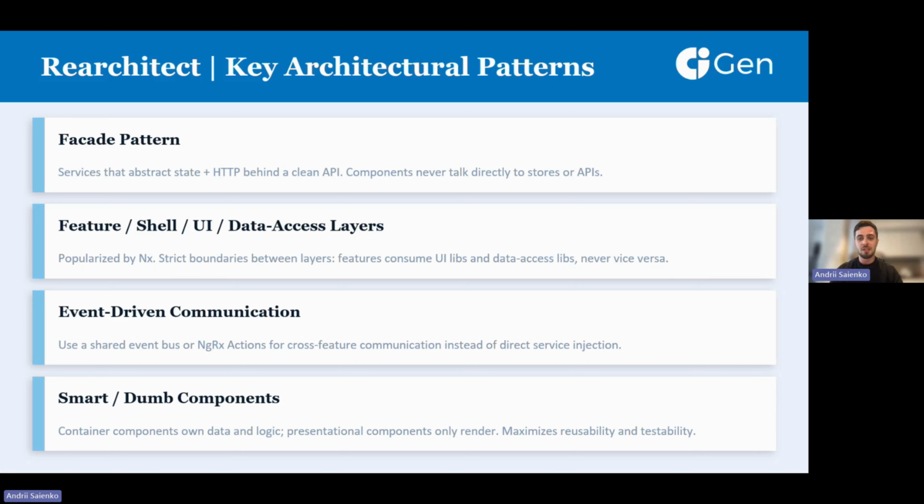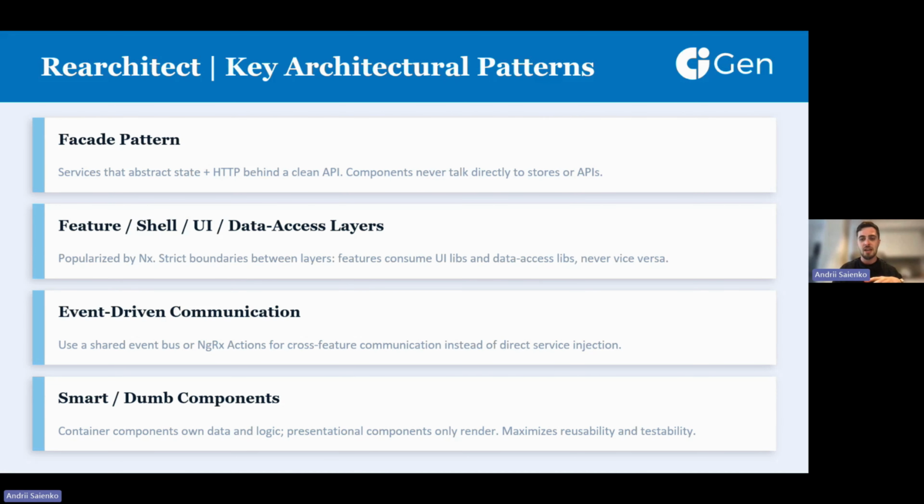Event-driven communication using NgRx actions or a custom component bus decouples features from each other. For example, instead of feature A calling a method in feature B's service, it dispatches an event that feature B happens to respond to. The sender doesn't need to know who is listening.